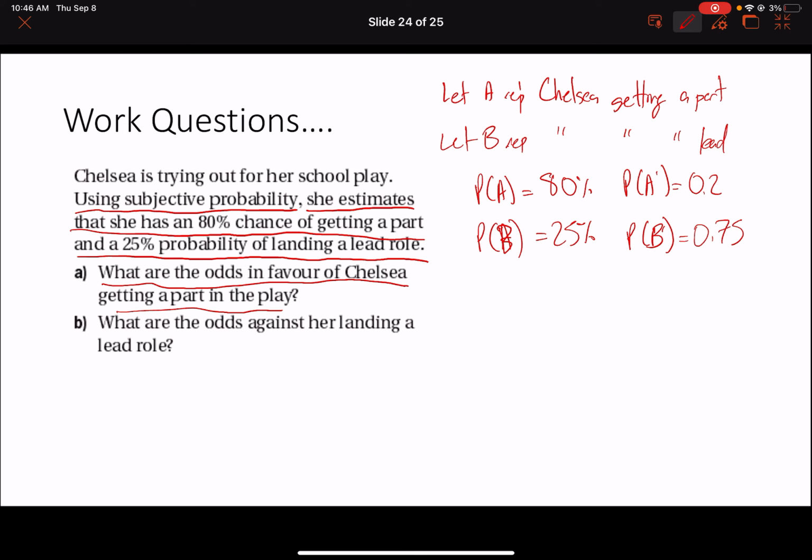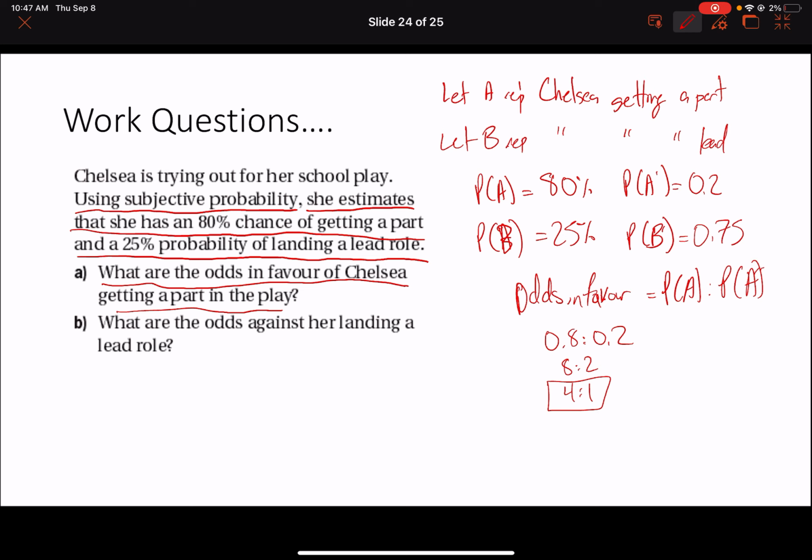So what are the odds in favor of Chelsea getting a part? Odds in favor equals P of A to P of not A, which is equal to 0.8 to 0.2, which, multiplied by 10, is 8 to 2, which is equal to 4 to 1. So the odds in favor of Chelsea getting a part in the play is 4 to 1.